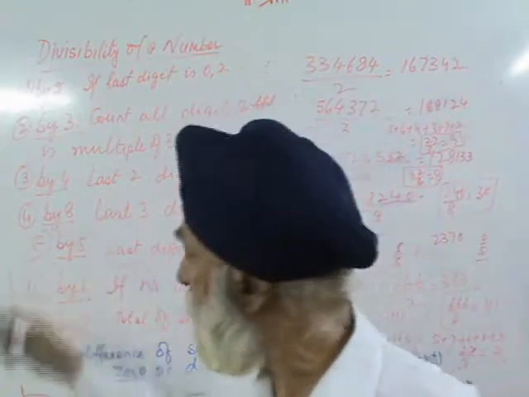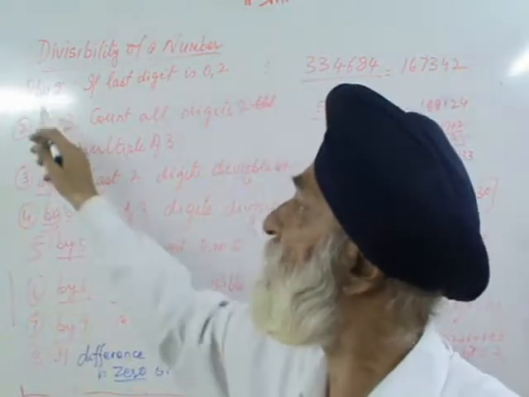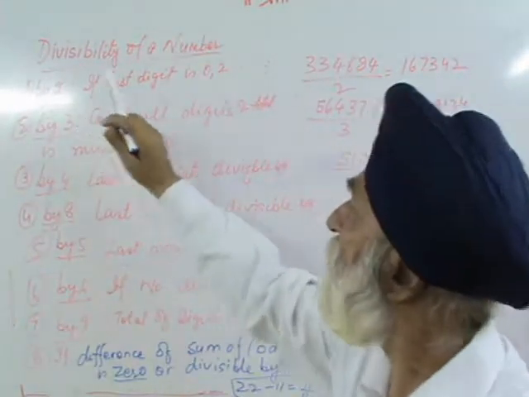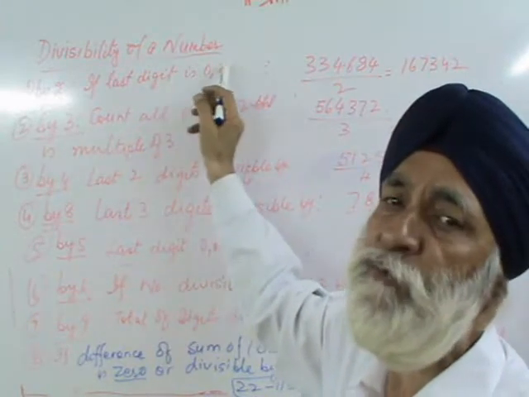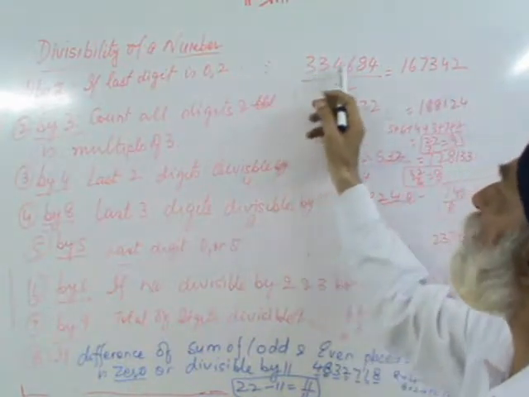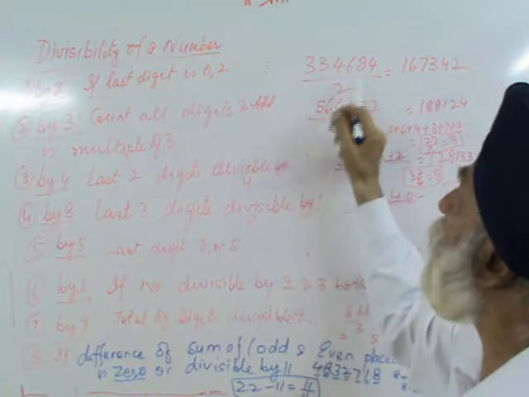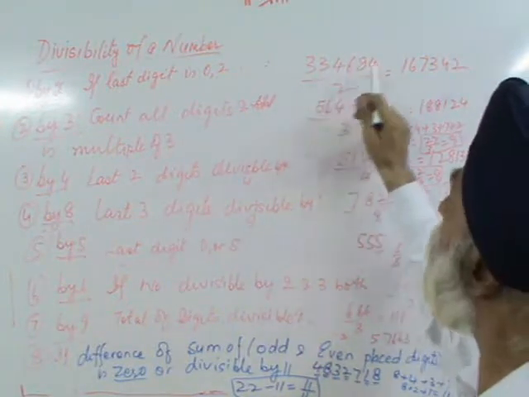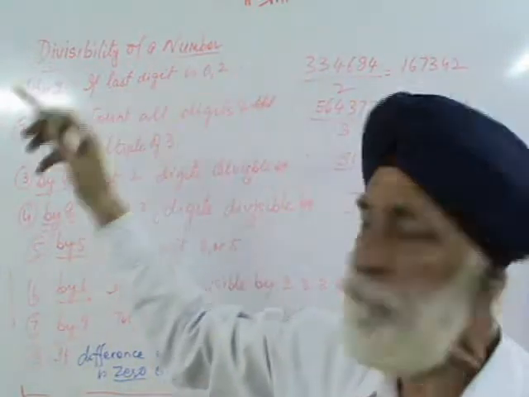Let me show you for some numbers. If a number is divisible by 2, then the last digit should be an even number, that is 0, 2, 4, 6, 8. Like the example 334684, the last digit is 4. So 4 comes in the table of 2, or 4 is a multiple of 2, so automatically it will be divisible by 2.